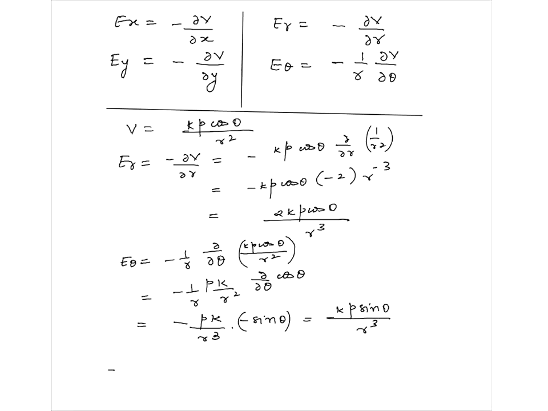So in vector form, vector E is ER unit vector along radial direction cap plus E theta unit vector along tangential direction or theta direction.